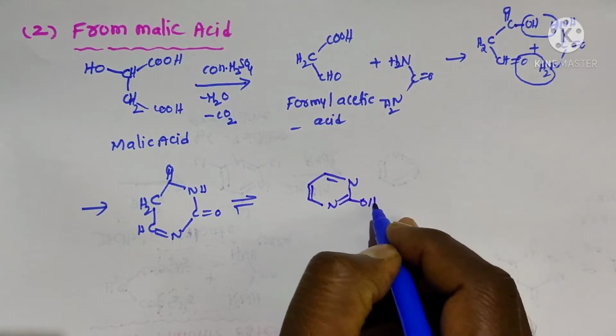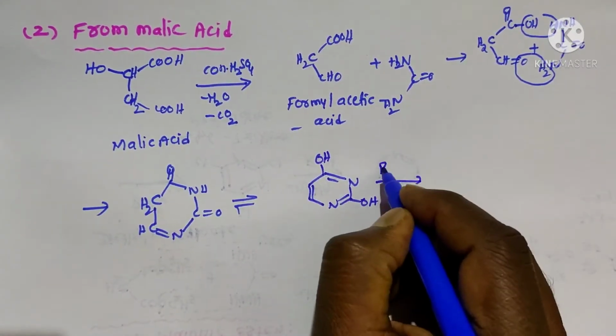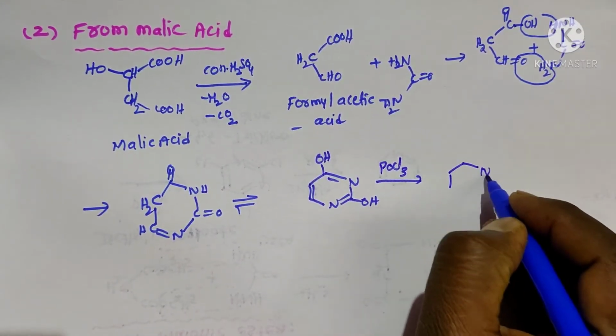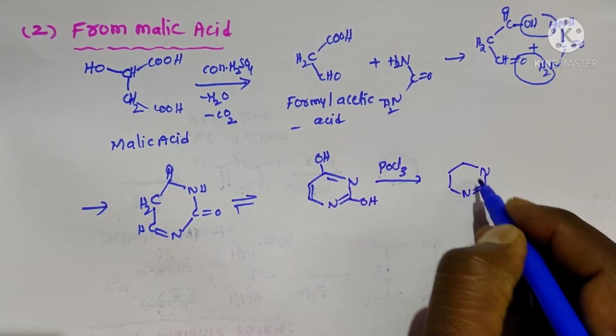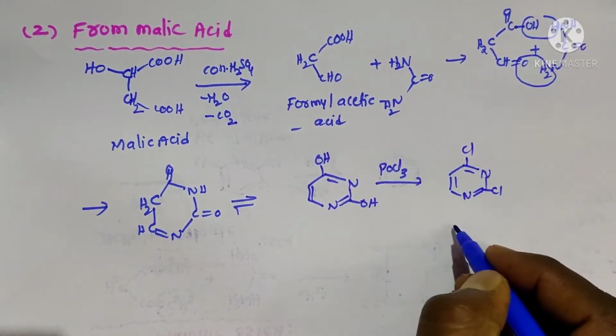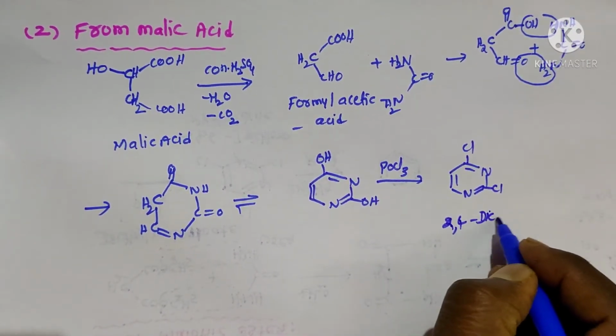So here one hydroxy group and here also one hydroxy group we have. If it is treated with phosphorus oxychloride, we get the dichloropyrimidine, chlorine and chlorine. So this is known as 2,4 dichloropyrimidine.